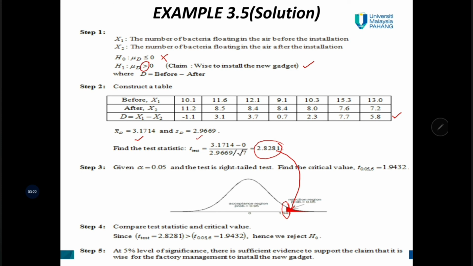To relate with the claim, we want to draw a conclusion. We can see that we support the claim, which means that at 5% level of significance, it is wise to install the new gadget.